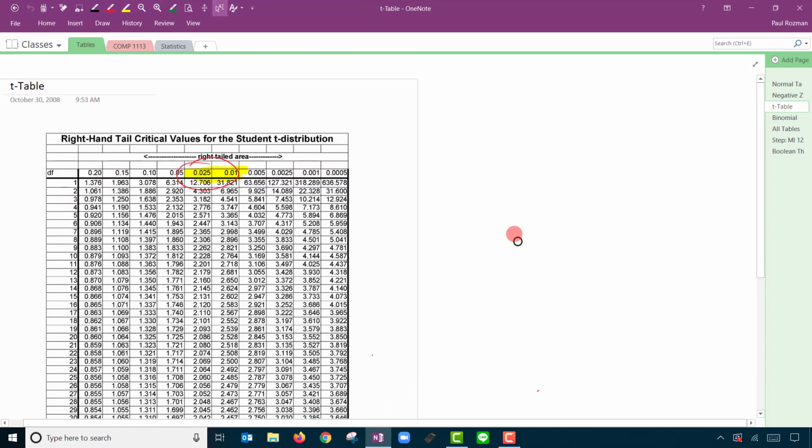Head over to your trusty t-table. It's a good workout. Look in row 9 for our degrees of freedom, and look in the column where we have 5% in the right tail. So our critical value is 1.833.